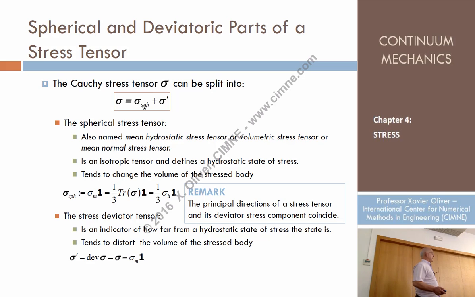So this measures the deviation of the stress state from a spherical stress state. For instance, if the original stress state is spherical, how would sigma prime be? Zero. And you can check it: try with a spherical stress state, compute that, and see that the difference is 0.